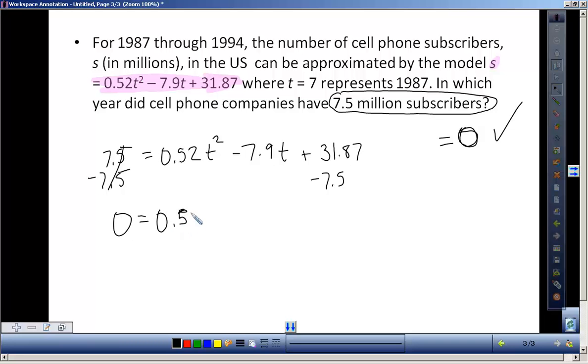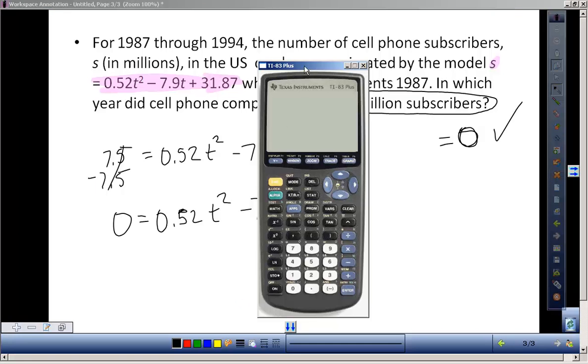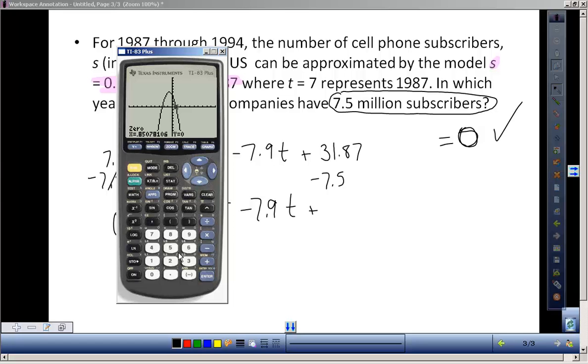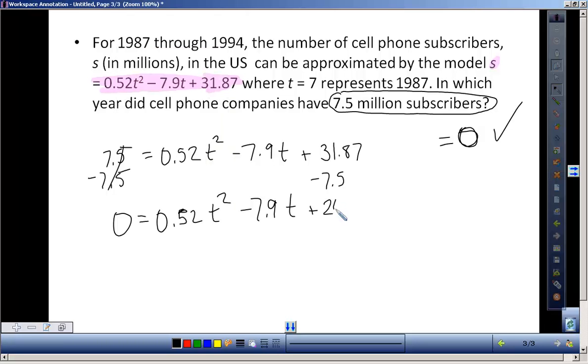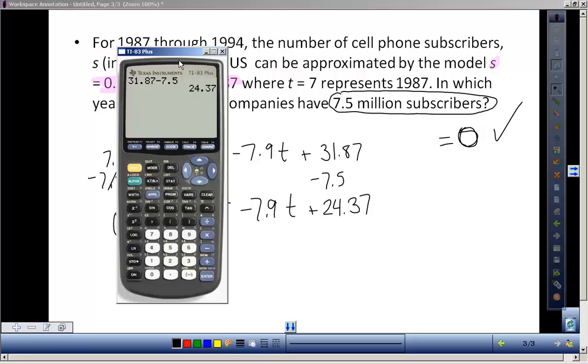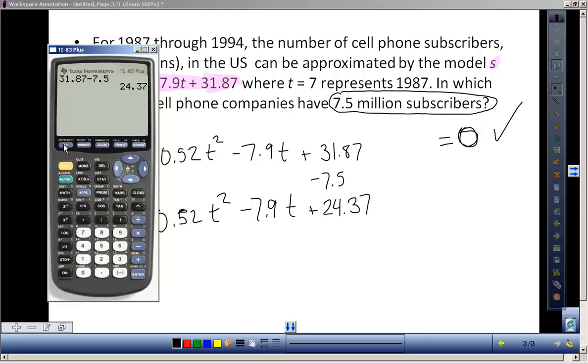That'll give me 0 on this side. 0 equals 0.52 t squared minus 7.9 t. And this will be plus. We just need to figure out what is 31.87 minus 7.5. Enter 24.37.